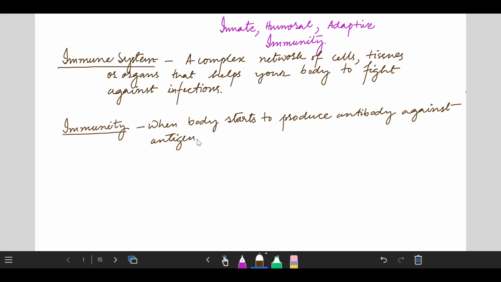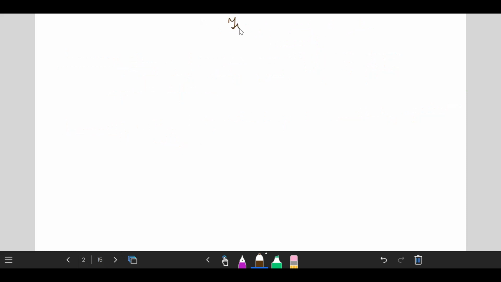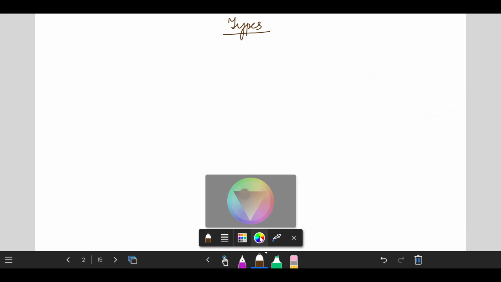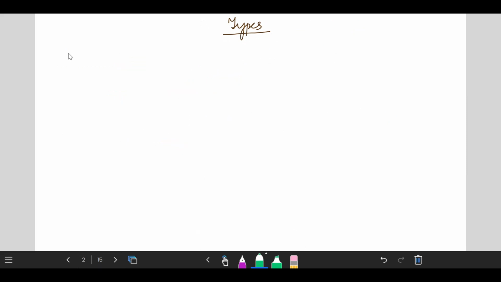Now, what are the types of immunity we can see? First one is innate immunity. Okay. And this innate immunity again subdivided into two categories.